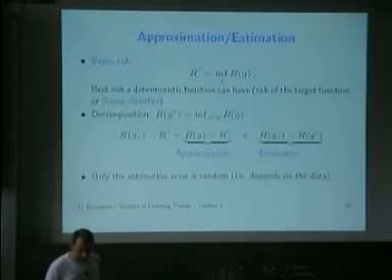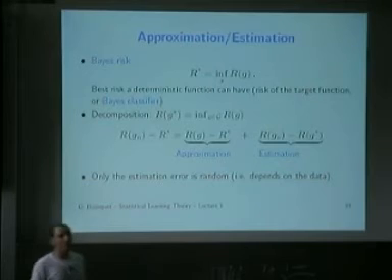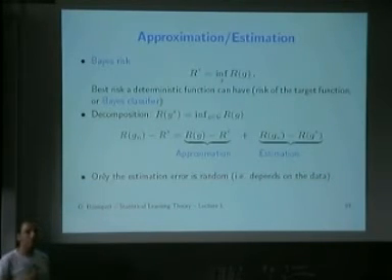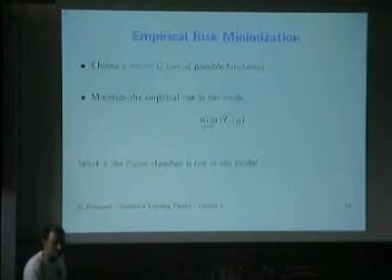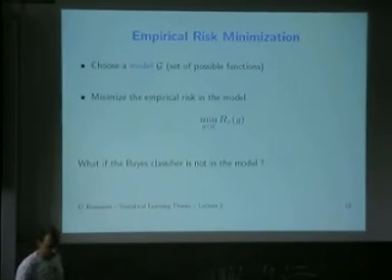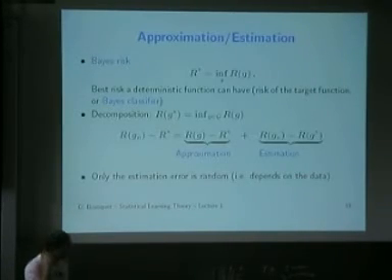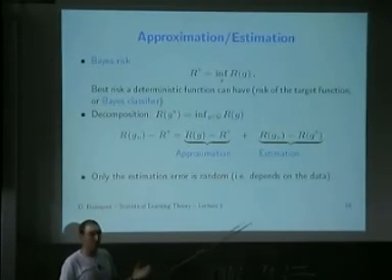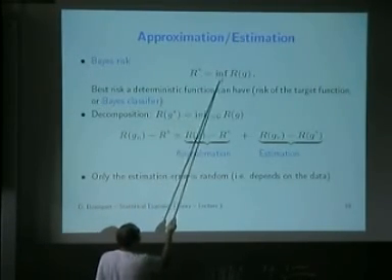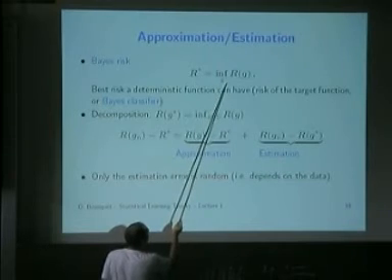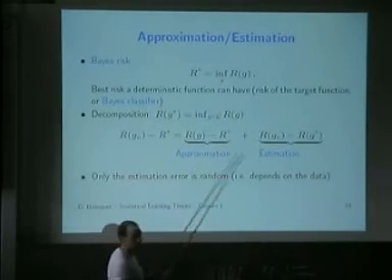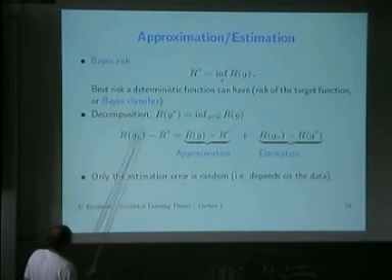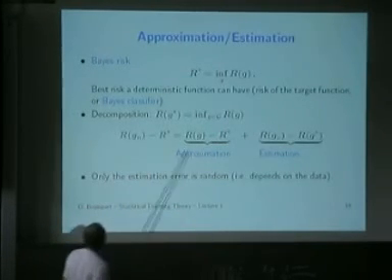It's because you may not be interested in how close you are to the target function, but only in how good you do with respect to this model G. And that's what is written here somehow. So the Bayes risk is the risk of the target function. It's the best risk that you can achieve if you minimize the risk over all possible functions.